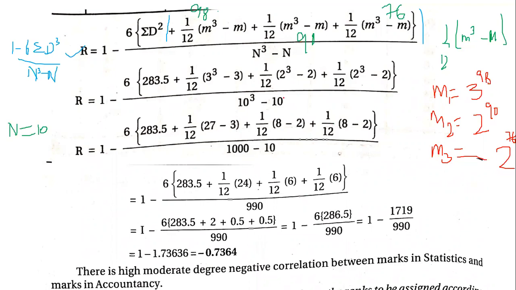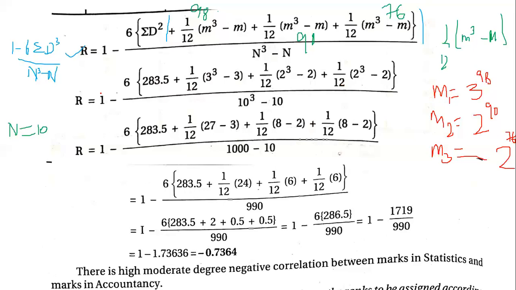So it is 2 cube minus 2. Again, the third number which is repeated is 76. So 1 by 12 into 76 is repeated for 2 times, that is 2 cube minus 2. Whole divided by n is 10, so 10 cube minus 10.